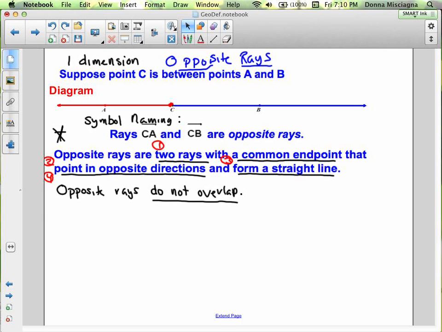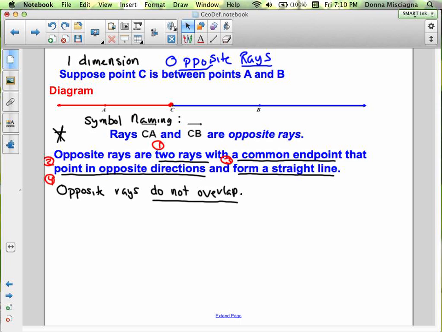Number 2, they point in opposite directions. You can have 2 rays with a common endpoint, but if they don't point in opposite directions, they're not opposite rays. Number 3, they form a straight line. And finally, opposite rays do not overlap. So you can write the underlined parts for your 4 parts of this definition.